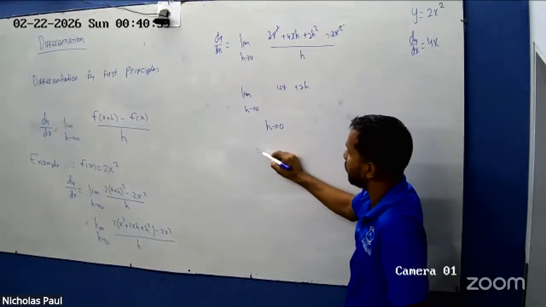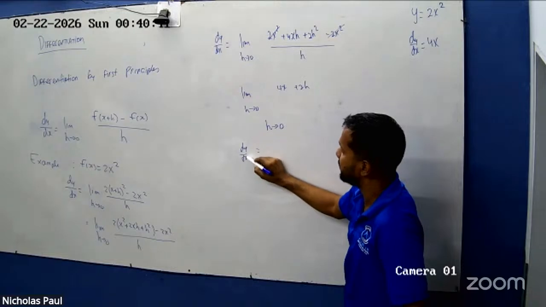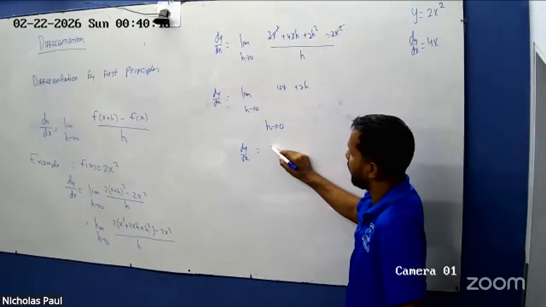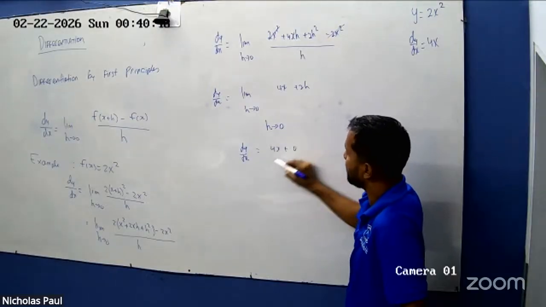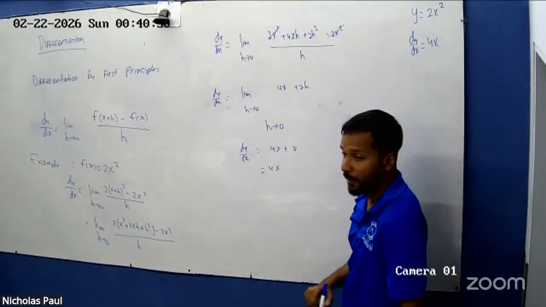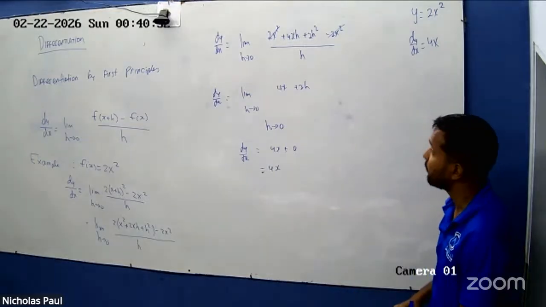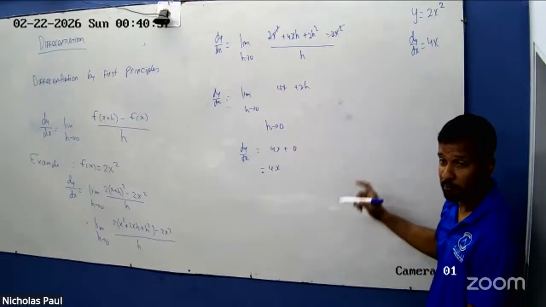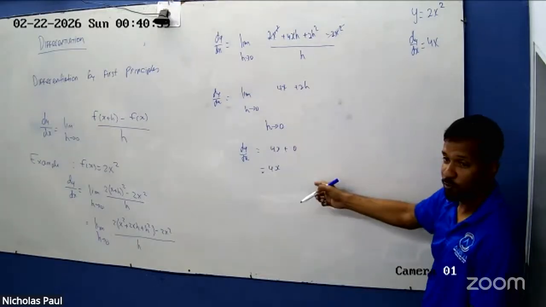So we will end up with dy dx being equal to 4x plus 0, which is 4x. That's okay? So the answer is 4x.